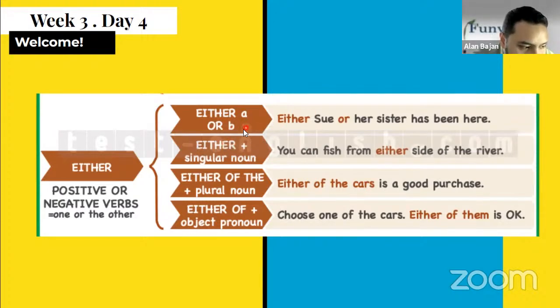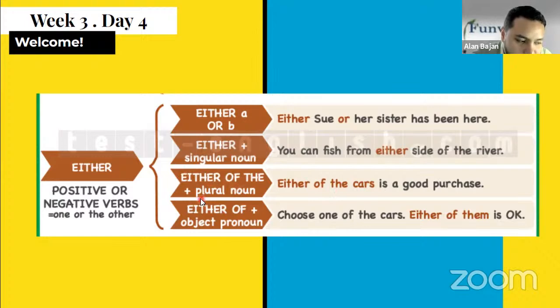So rule number 2, either plus a singular noun. You can fish from either side of the river. Cualquier lado del arroyo. Either of the cars is a good purchase.